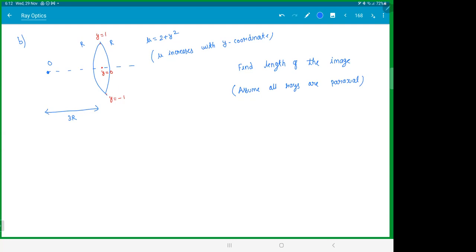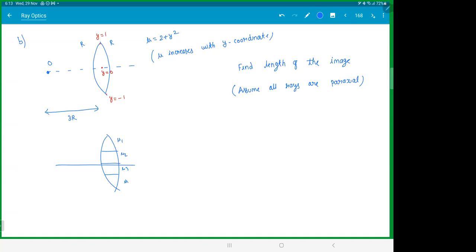What is the logic behind this? Just think from the previous question, okay? Suppose this was made of four mediums, mu1, mu2, mu3, mu4.